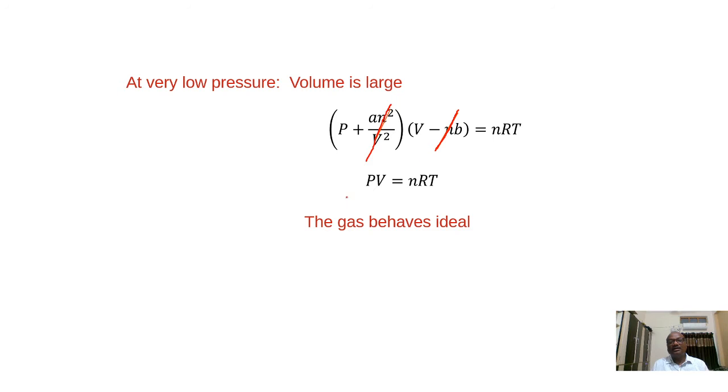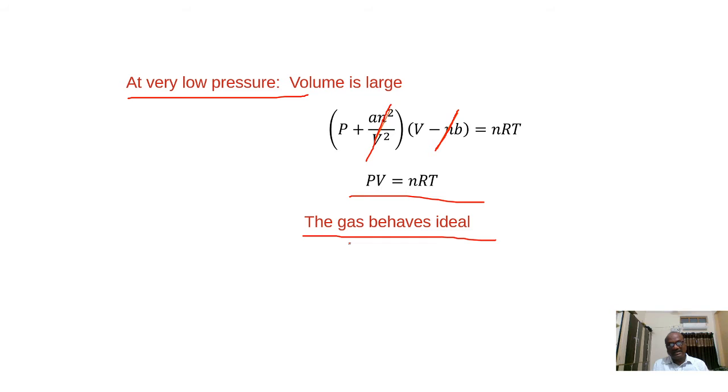PV is equal to nRT. What is PV is equal to nRT? It is nothing but the ideal gas equation. That means at very low pressure, the gas behaves ideally. We have already discussed this in gas state part 1. Under which conditions does the gas behave ideally?